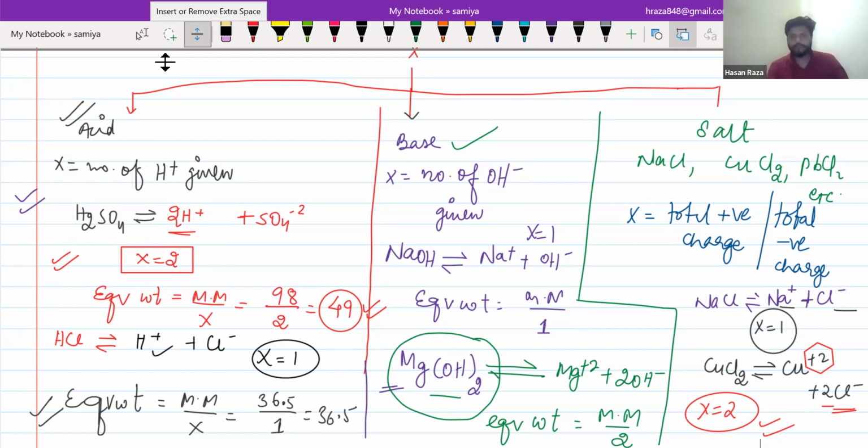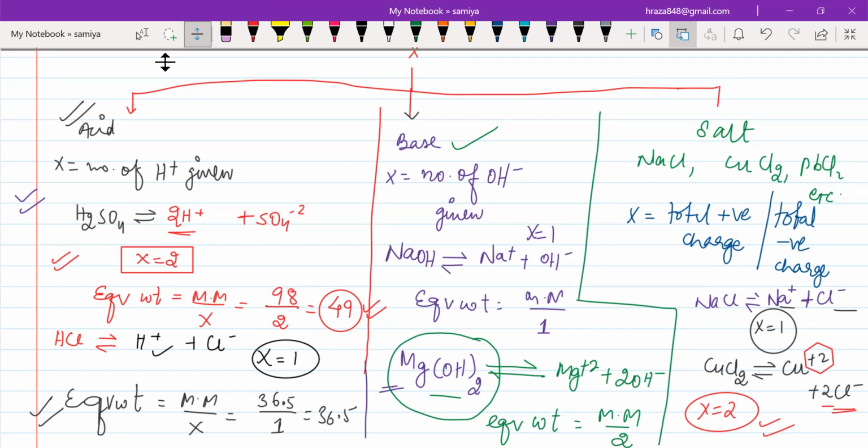The equivalent weight formula is very important in this chapter. Yes, sir. Done. Very good.